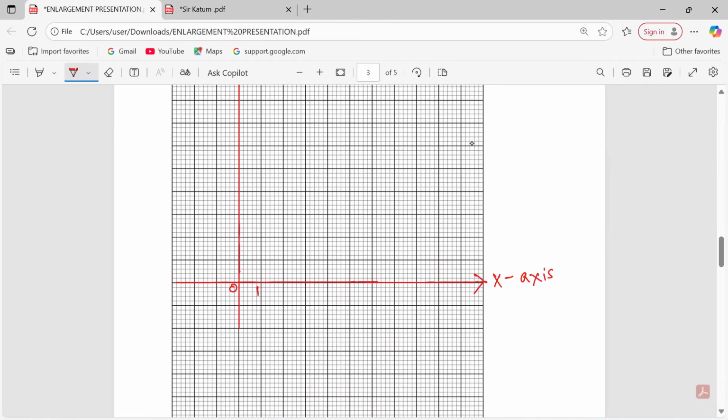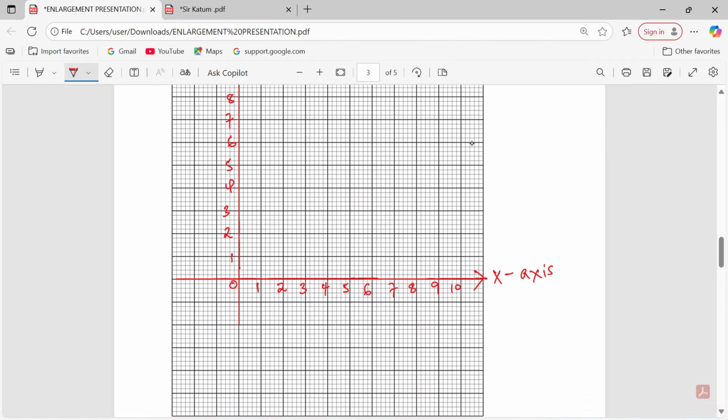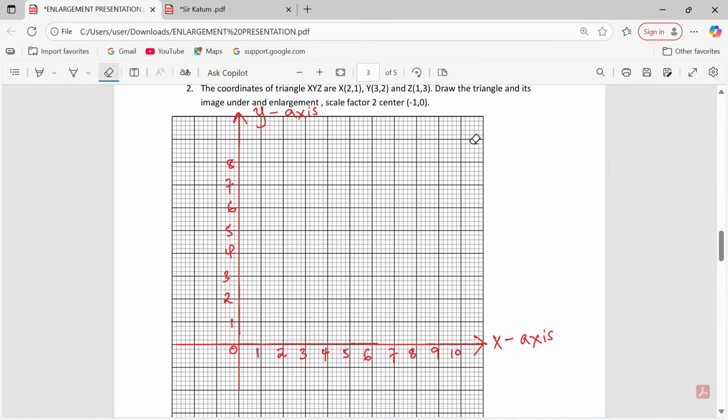0, 1, 2, 3, 4, 5, 6, 7, 8, 9, 10. Those are enough. 9 at that point.